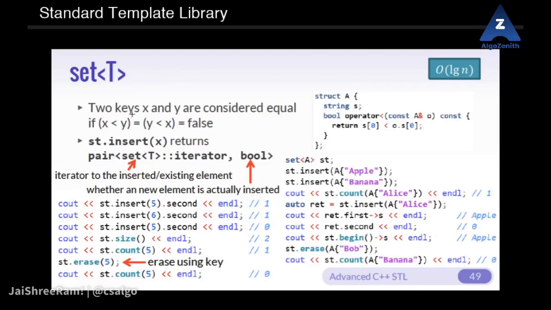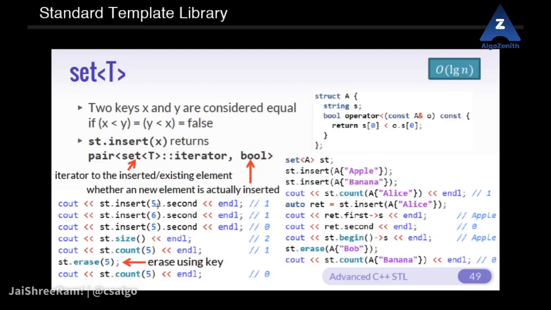There is a version of sets called multiset, which allows you to keep duplicates of the same value. But coming back to this, we have the iterator to the inserted or the existing element, and there is a boolean returned as well, which is whether a new element is actually inserted inside the set or not.